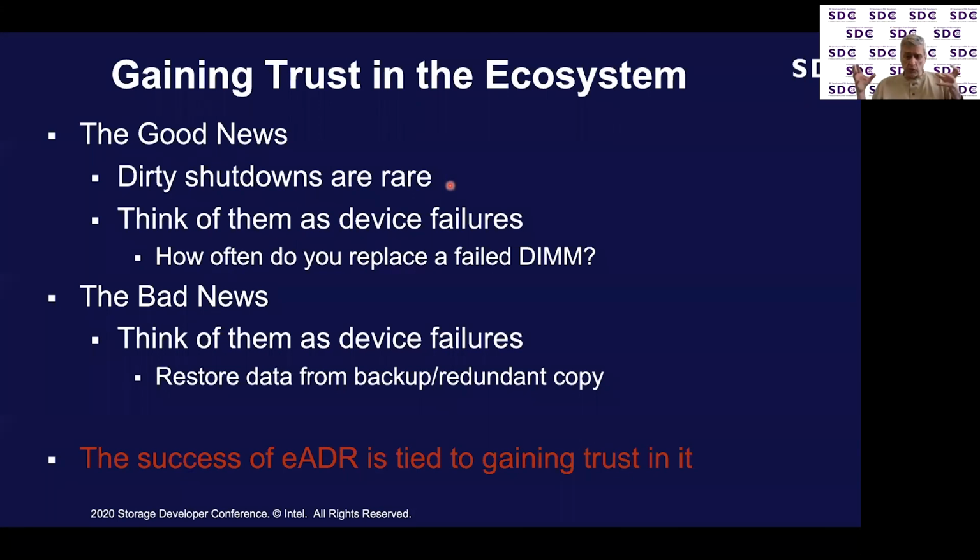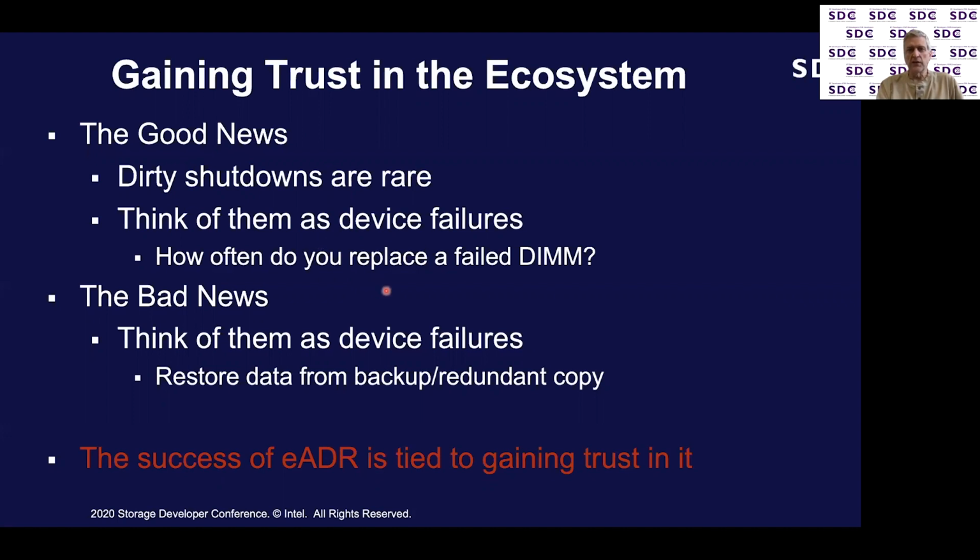And so people trust in that reliability, and they know as long as they are notified when the things fail, they can mostly just write their code assuming that they're not going to fail, and that they can just handle the failure case as a data loss, where they go and get data from a backup or reconstruct data from a redundant copy. So that's kind of the idea here with dirty shutdowns.